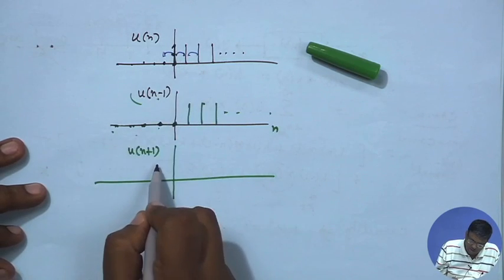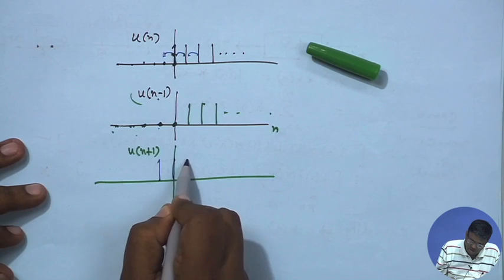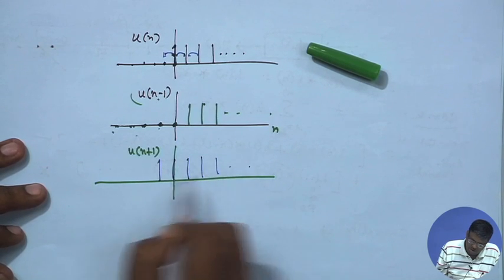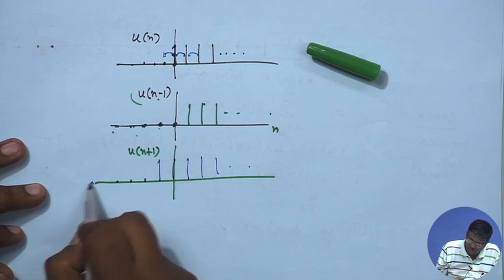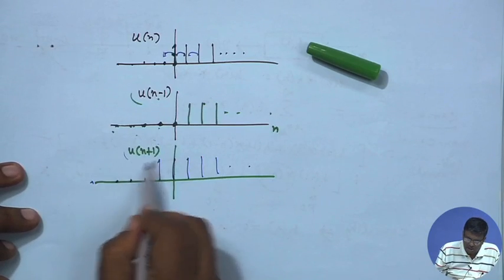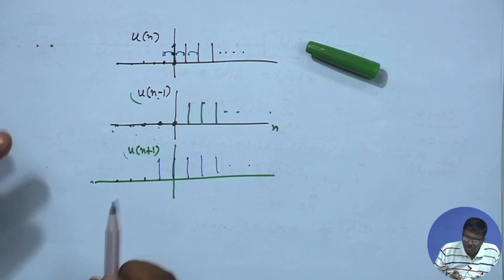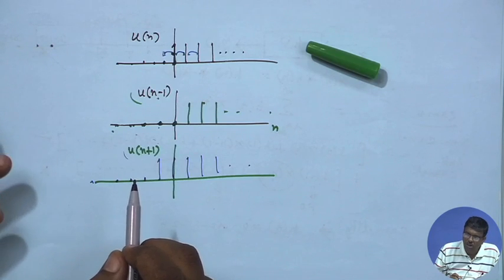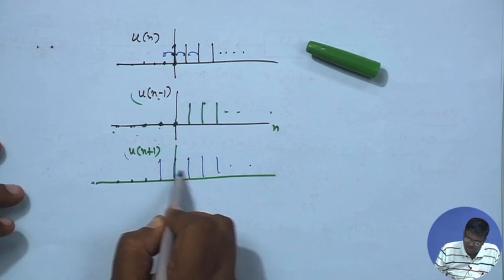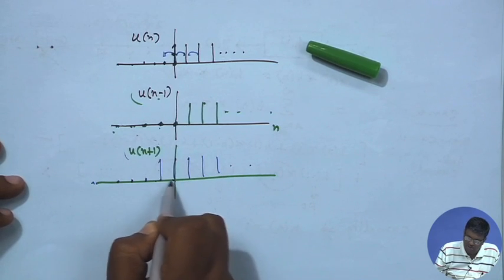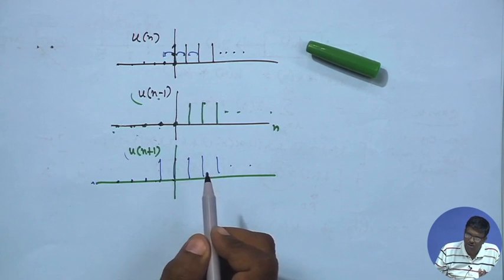So, I will have 1, 1, 1, 1, 1 dot dot dot and 0. If this be the unit sample response of a system, then that system is non-causal, because apart from these samples I have got one fellow to the left of origin. So, it will make it non-causal.